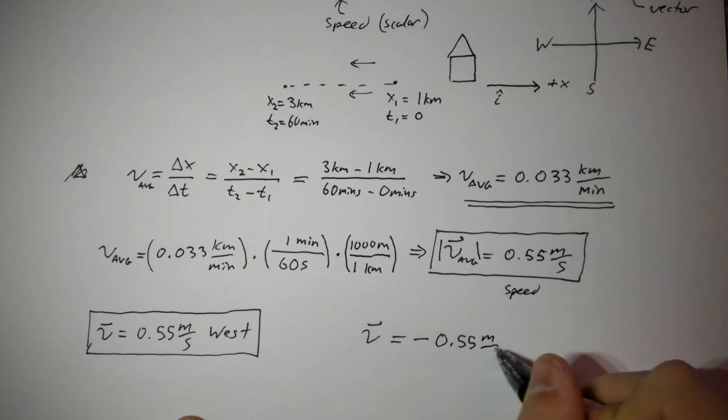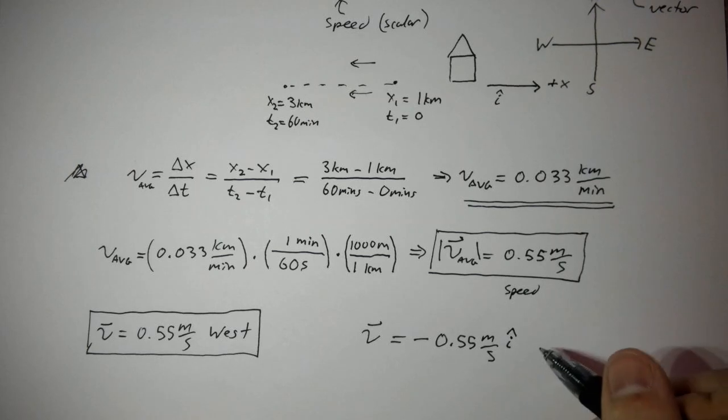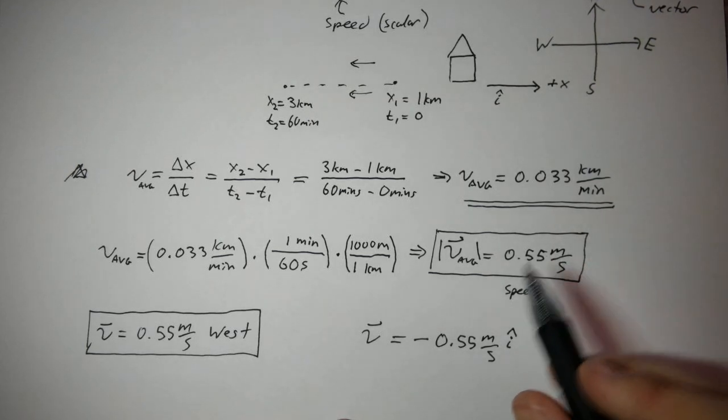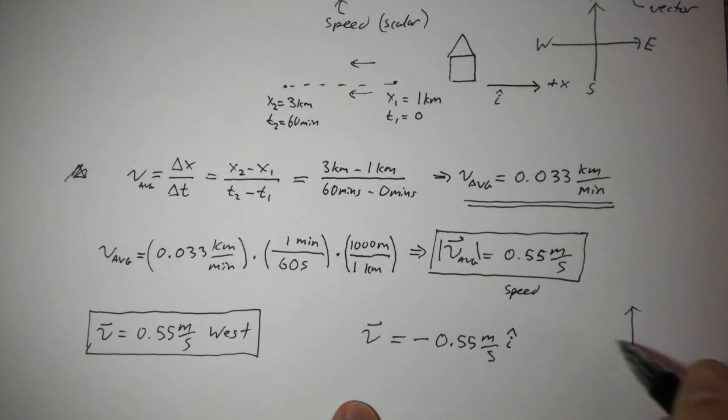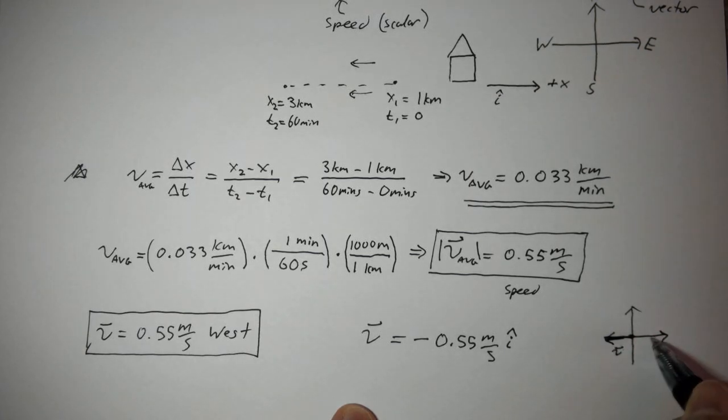And then we'd have our unit, and then we'd put our i hat unit vector to show that this is a vector on a two-dimensional plane, although it's only along one axis, so it's one-dimensional, along the negative x direction with a magnitude of 0.55.